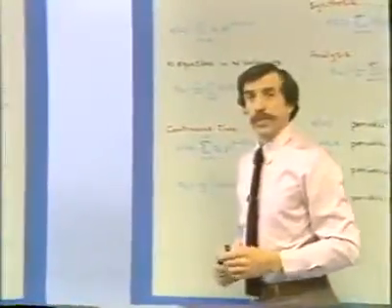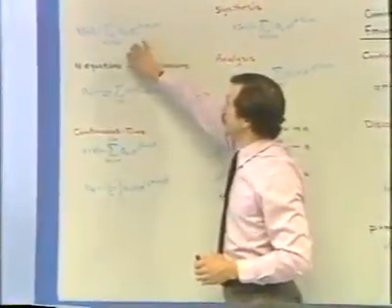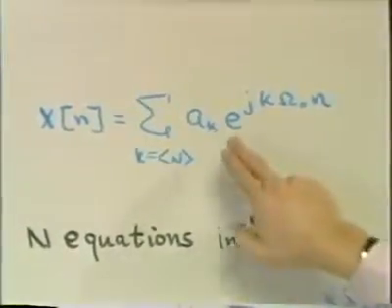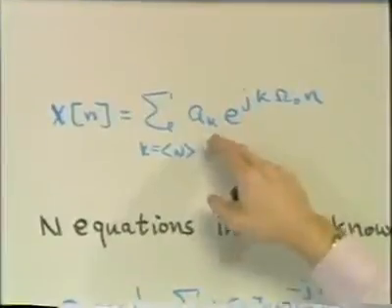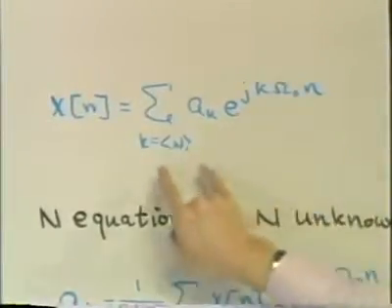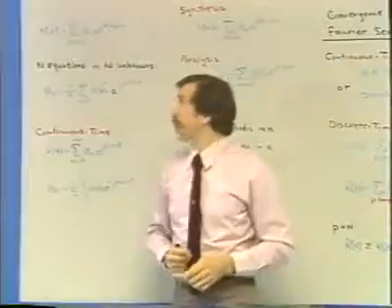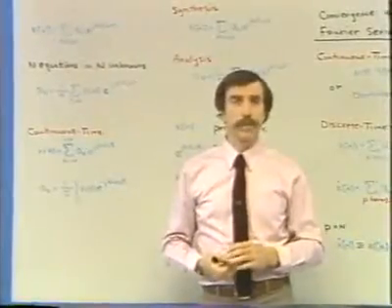Okay, so the expression that we have for the Fourier series, I've repeated here. And the implication now is that the a sub k's are periodic. They periodically repeat because, of course, these exponentials periodically repeat. This indicates that we only use them over one period. And now we can inquire as to how we determine the coefficients a sub k.